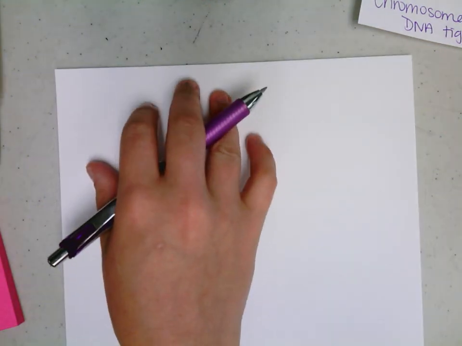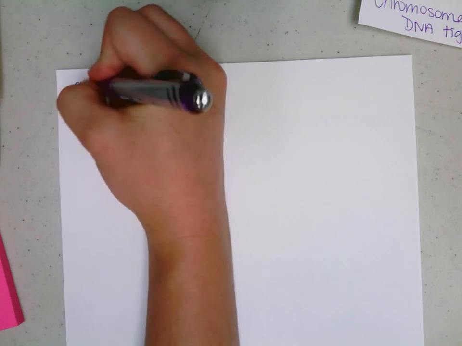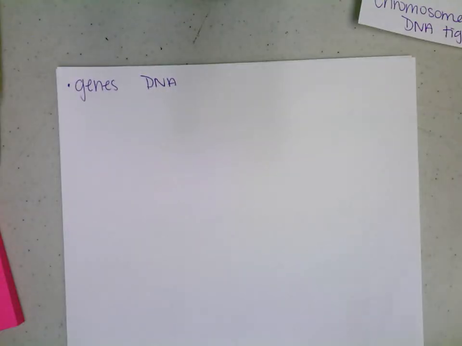Okay, we'll try one more on your own and then we will be done with this exercise. The last one I want you to work out on your own is the relationship between genes and DNA. Pause the video and write down your answer. Okay.